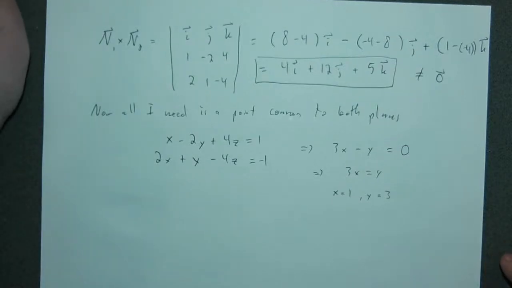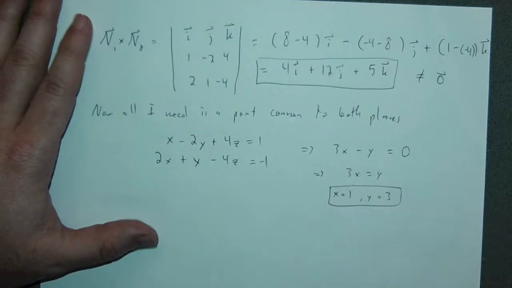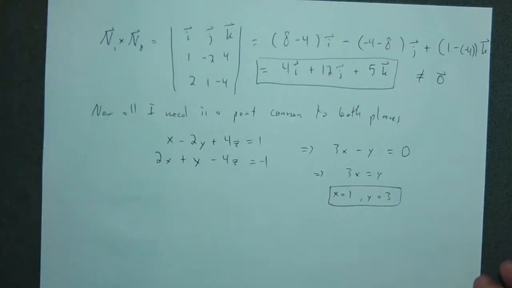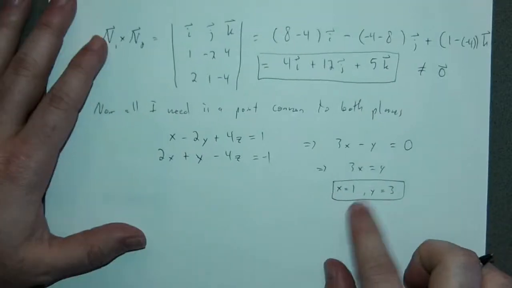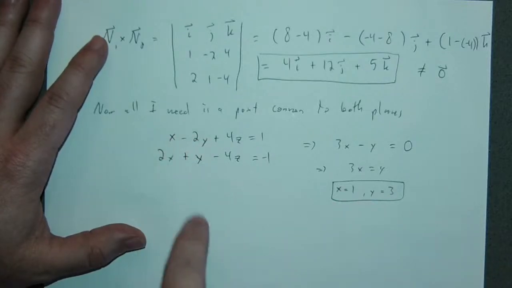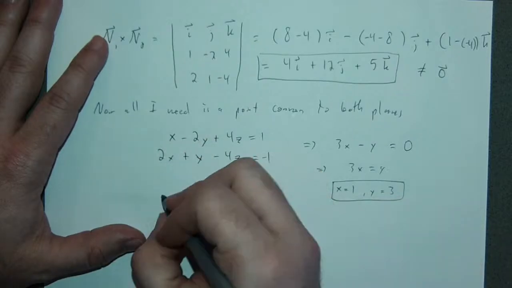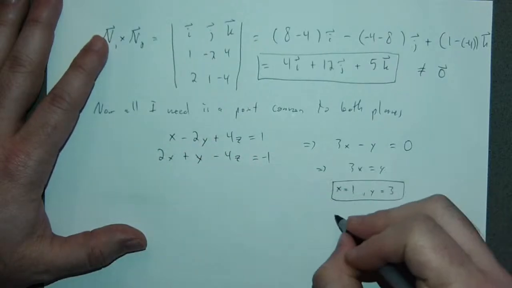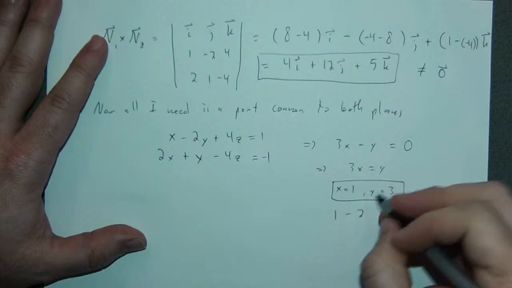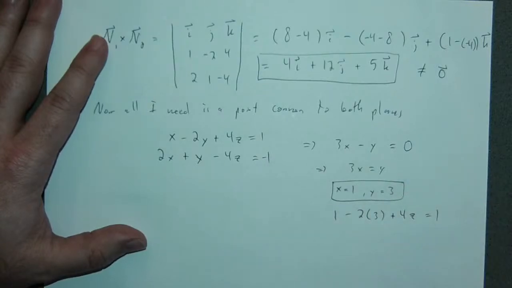And then whatever choice of z I make should work in both cases, right? So what do I mean by that? Well, so my choice of z here, what am I going to do? So if I go and plug this into my first equation here, I get 1 minus 2 times 3 plus 4z is equal to 1.